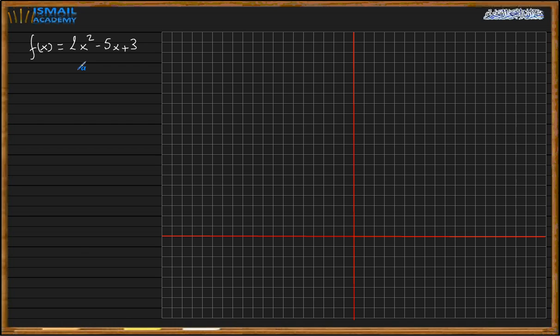I already know my domain is minus infinity to infinity, which is all of the x-axis. So this is my x-axis, and this is my y-axis. This is 1, 2, 3, and so on, and minus 1, 2, 3. So you already know the idea.